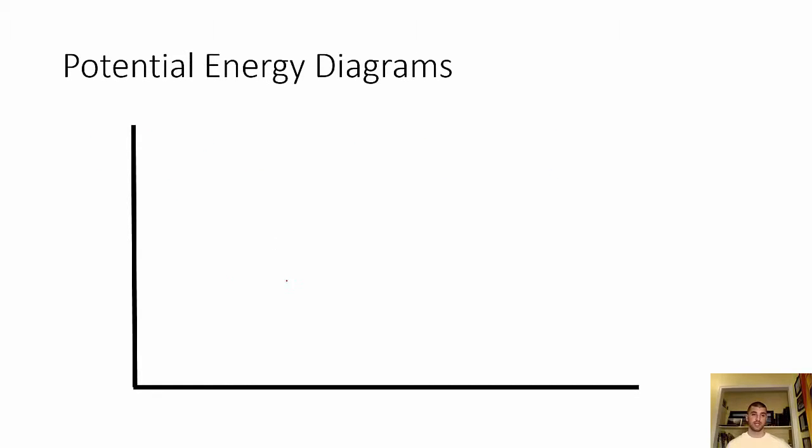So here's a potential energy diagram. Let's say for the lighting of the Christmas tree. We had to start it with a lighter. We had to invest some energy. And then once we got it to react, it started to lose that energy. Now my question is to you guys, did it lose more energy than we put in, or did it gain energy from the environment? Hopefully this one's pretty obvious. The tree released a bunch more energy than we put in, so it's going to end up with lower energy than what we started with.